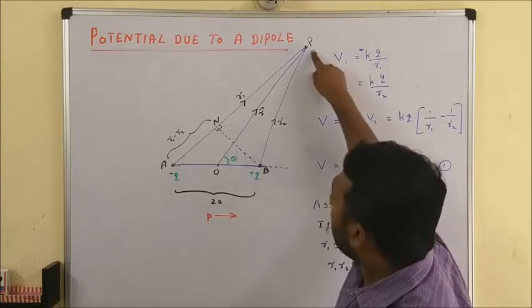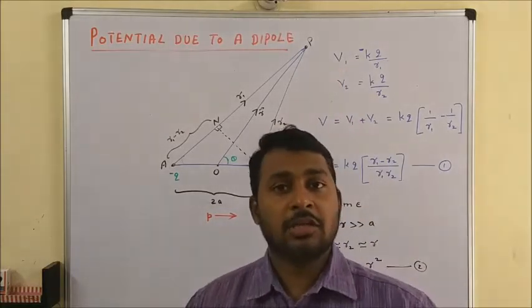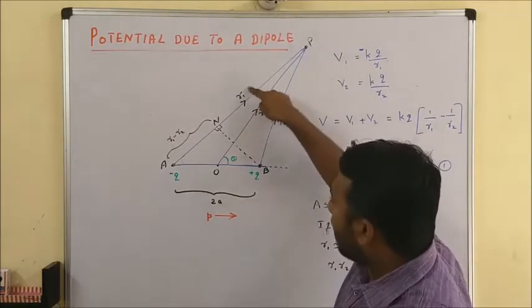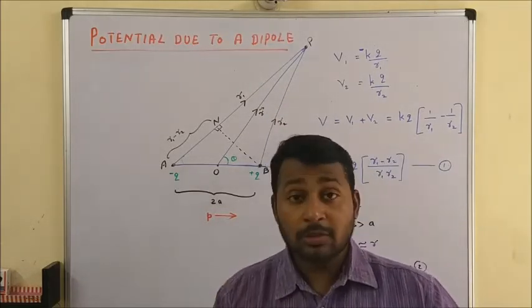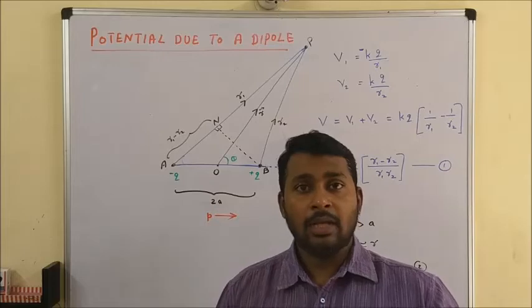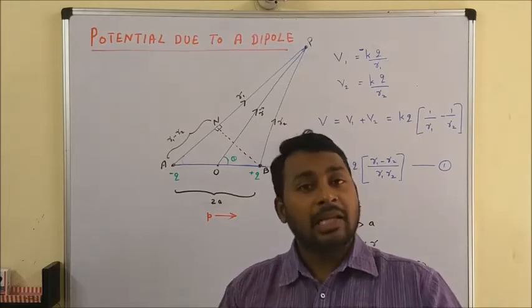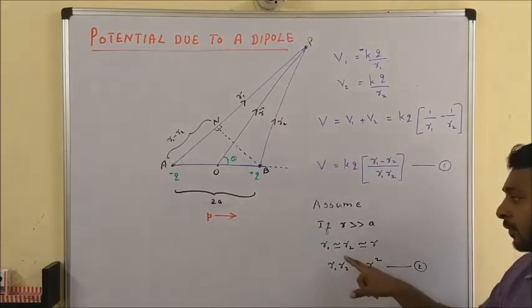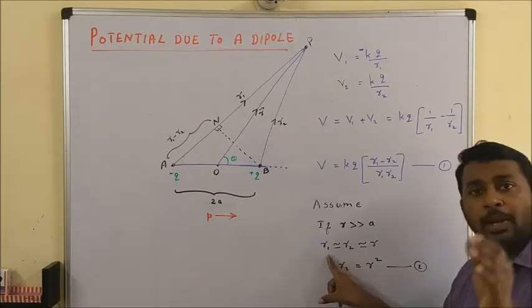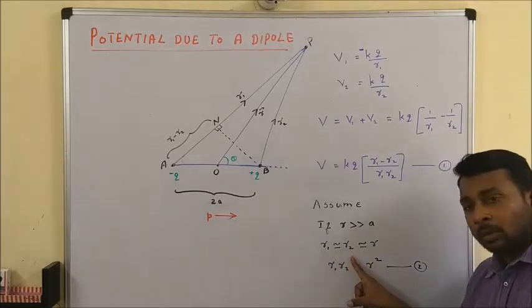But if the point P is at a very large distance, r1, r and r2 will be approximately equal. Remember, I do not say it is exactly equal. They are approximately equal.